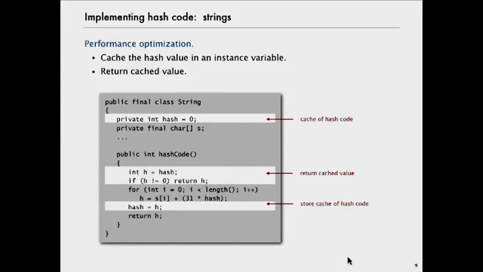And since strings are immutable, what Java does is keep the hash value in an instance variable, so it only gets computed once. That is going to be very effective for performance in lots of applications. So once it computes the hash code, it stores it as an instance variable, and the next time you ask for the hash code of that string, it'll just provide it. That works because strings are immutable.